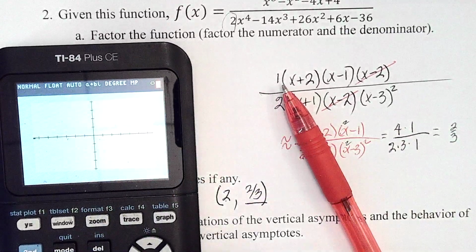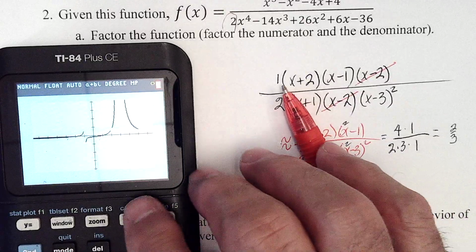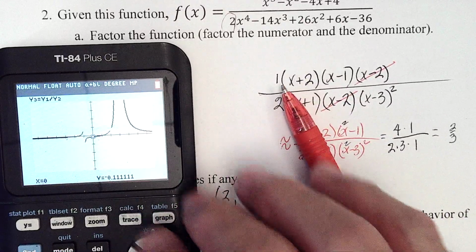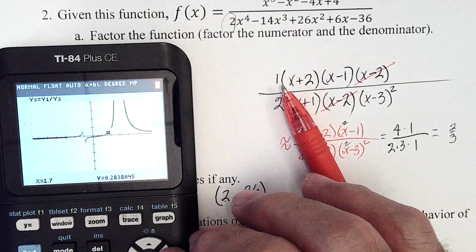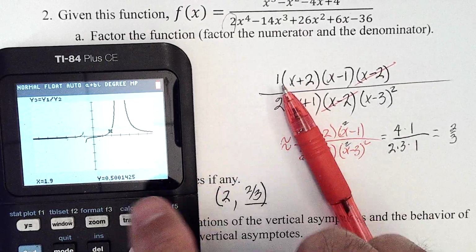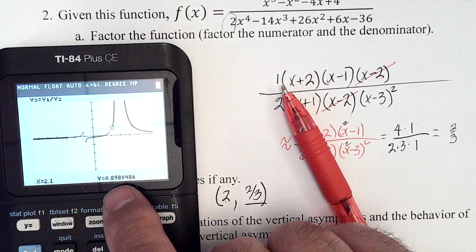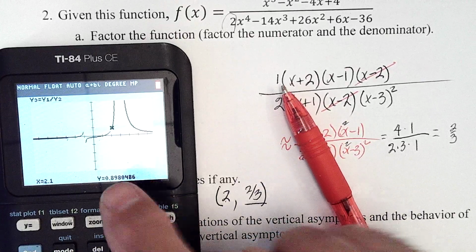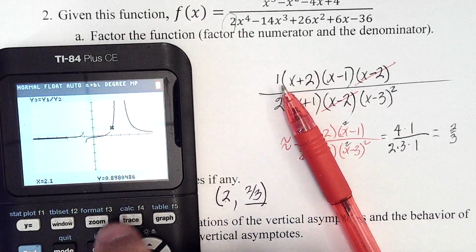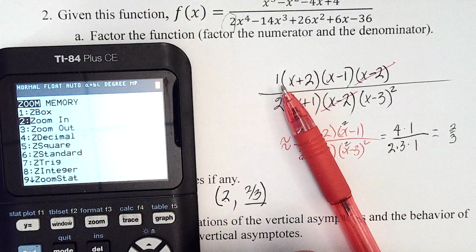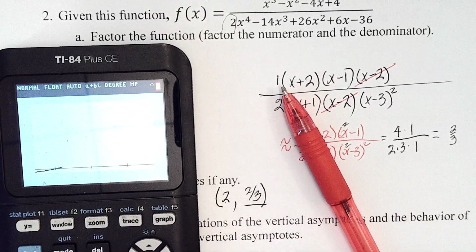If I go zoom 4 again, I see the hole. And I can use the trace and get close to 2. And somewhere between 0.5 and 0.9-ish, which is about 0.666. I could zoom in at this area, press enter again.